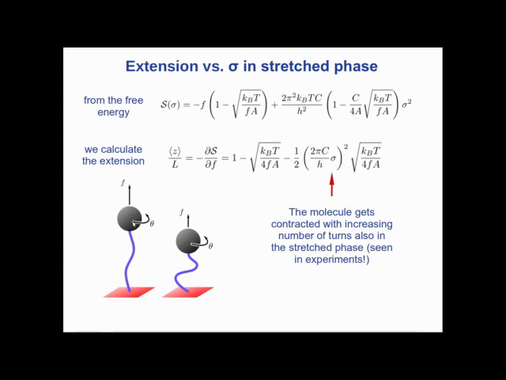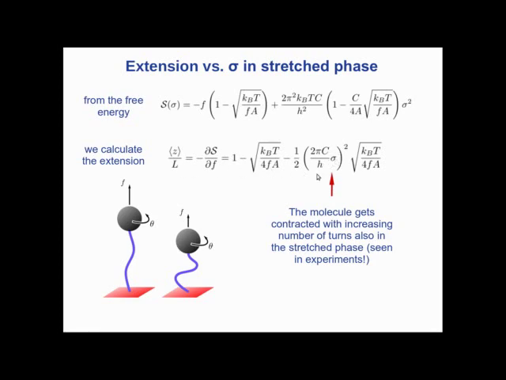So I have the following situation. If I don't apply any turns, and I have my molecule in my magnetic tweezer experiment, and just by applying a small number of turns, a small supercoiling density sigma, I get a small contraction of the molecule. This theory tells us that this contraction, z over L, is quadratic in sigma.